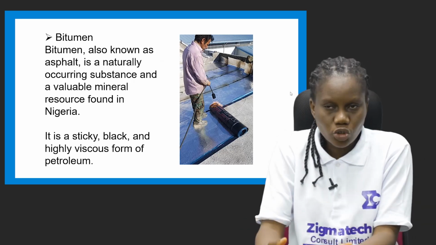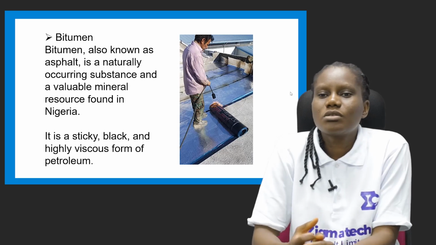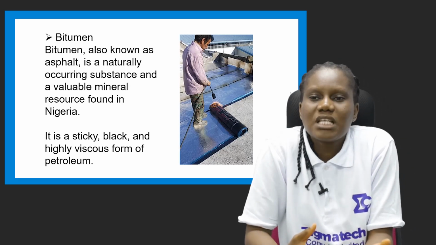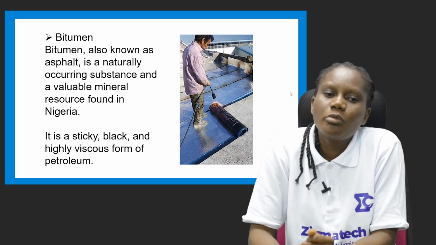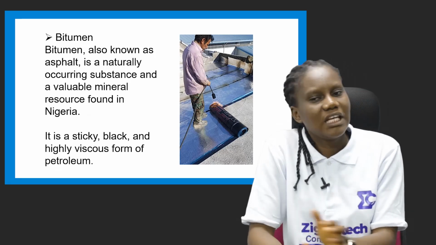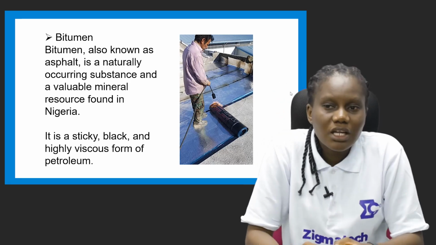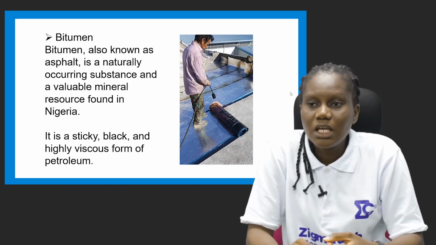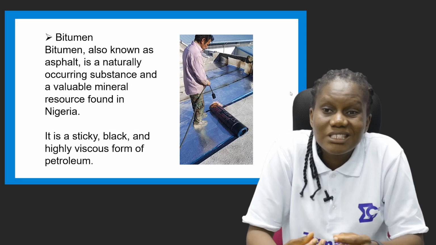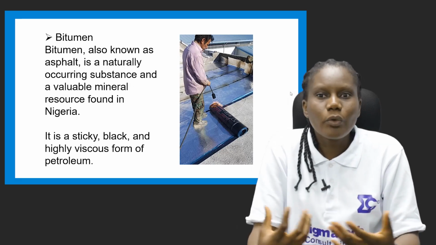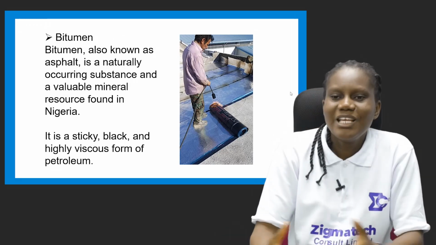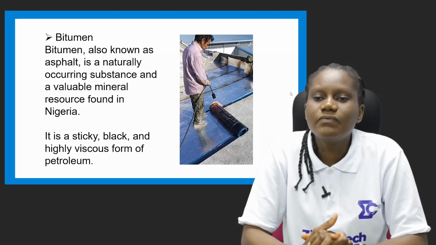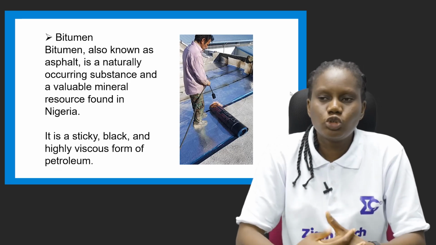Another name for bitumen is asphalt, and it is a valuable mineral resource found in Nigeria. It is sticky. If you go near a road that is still in the process and they just applied it, if you touch it, you see it is sticky and black. Our roads are black and not white. It is a black and highly viscous form of petroleum.